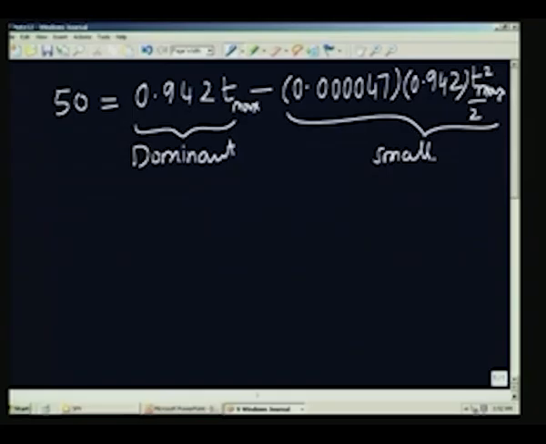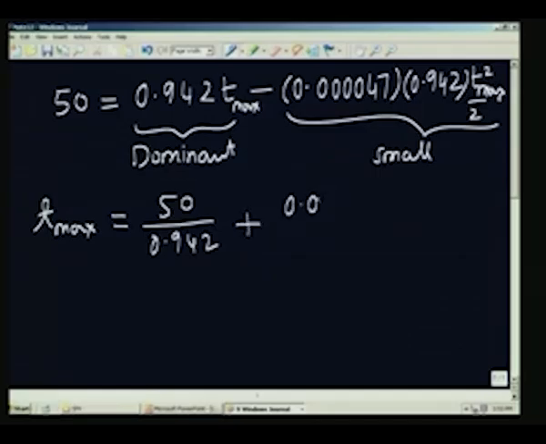So, what I can do is rewrite in the form T max equal to 50 divided by 0.942. I am just retaining it here, dividing by this, sending it to the other side, plus 0.000047 divided by 2 into T max squared.